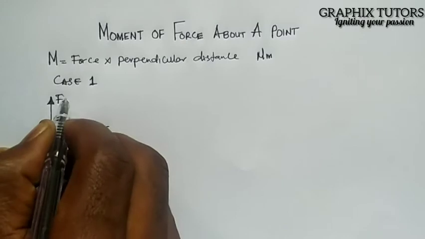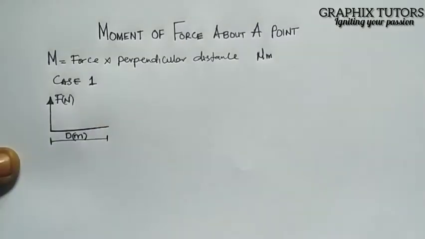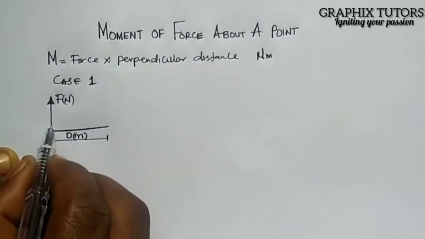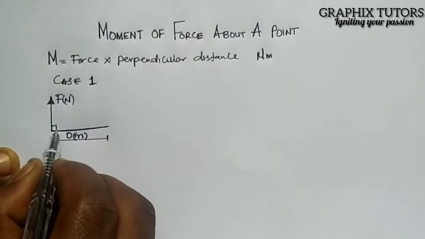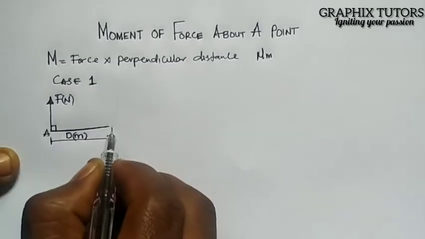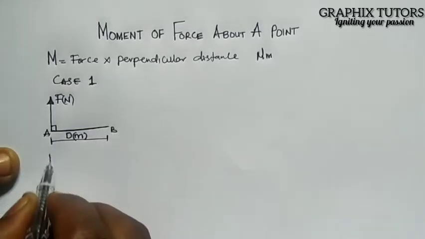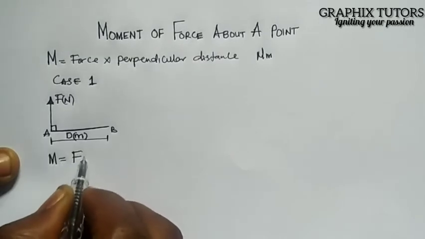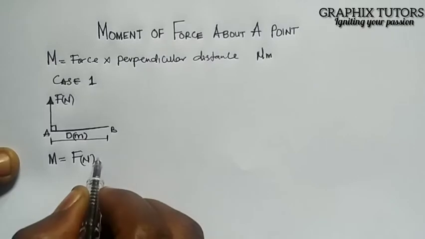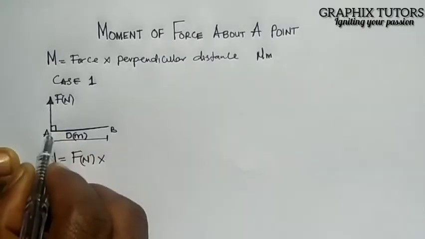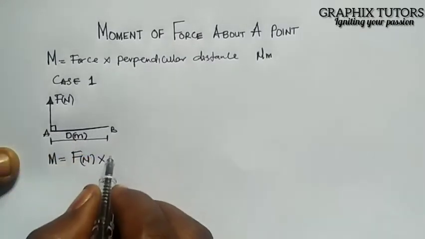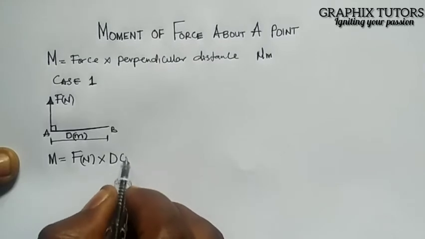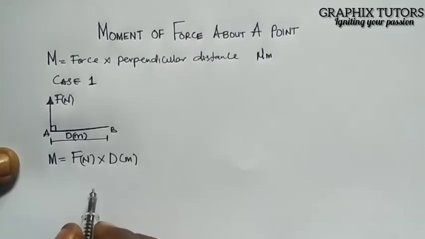Then the force is in Newton. Now, since this force is perpendicular to this line AB, our moment will be given as our force in Newton multiplied by the perpendicular distance, which is d in meters, right?